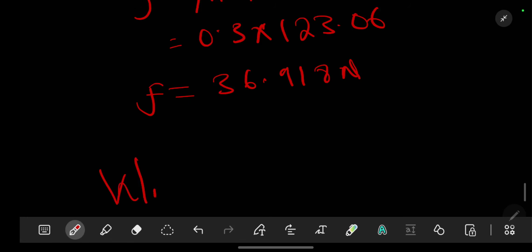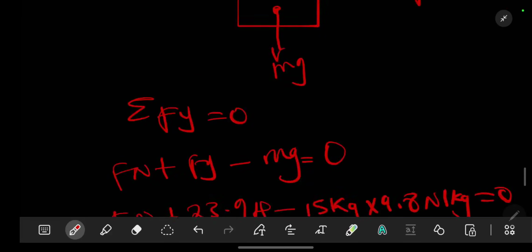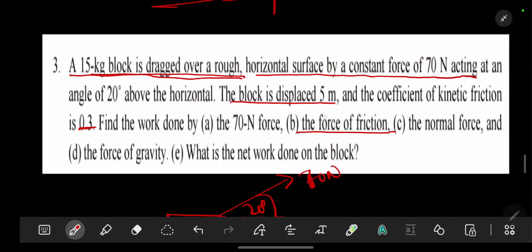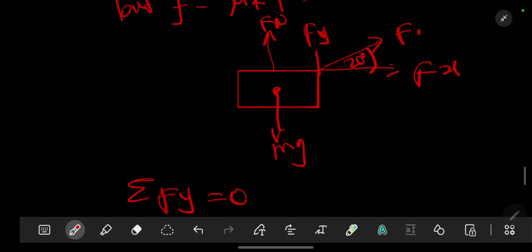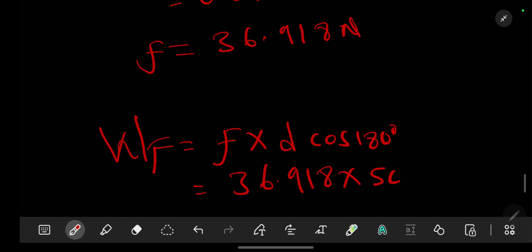So the work done by friction will be equal to force times distance times cosine of 180 degrees. The frictional force is 36.918 times the distance of 5 meters, times cosine of 180 degrees.